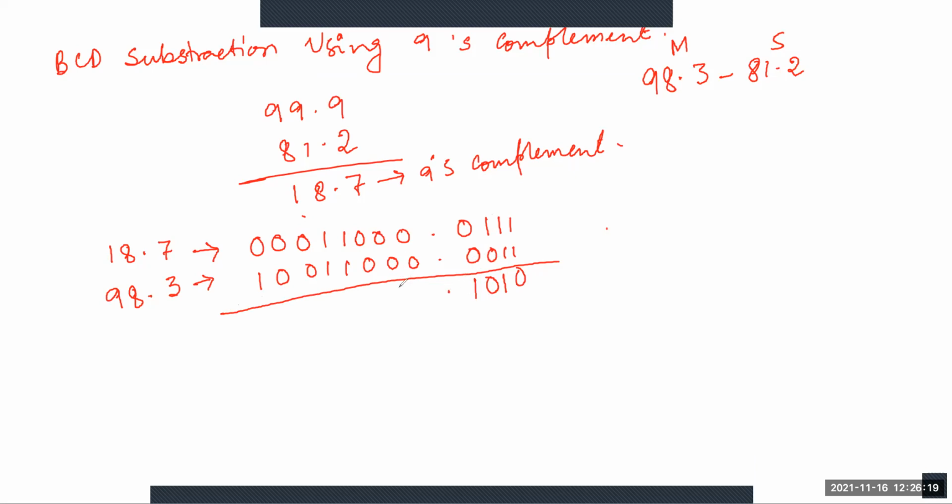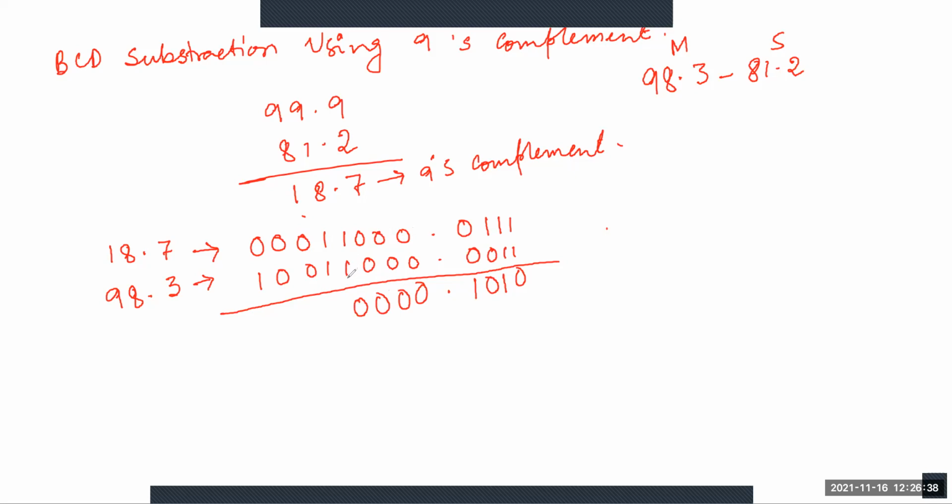Next bits: 0 plus 0 is 0, 0 plus 0 is 0, 0 plus 0 is 0. Here 1 plus 1 is 0 with carry 1.